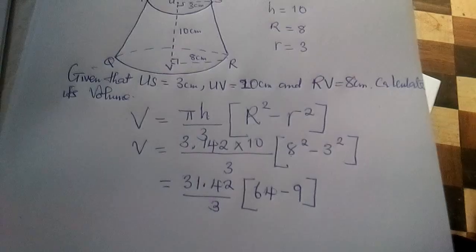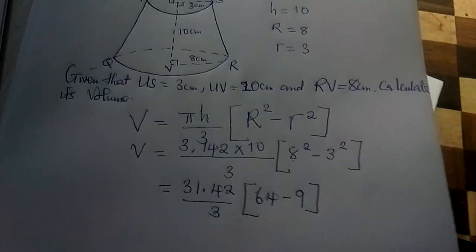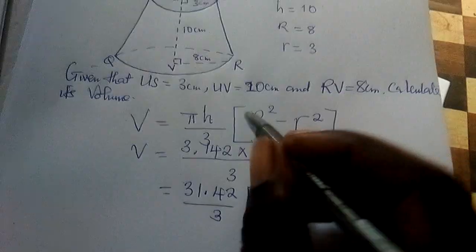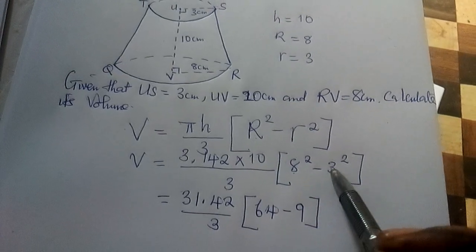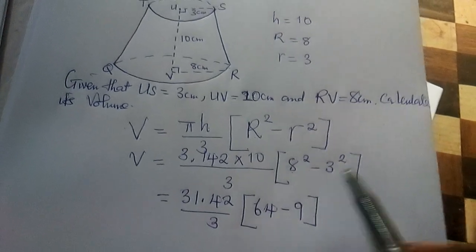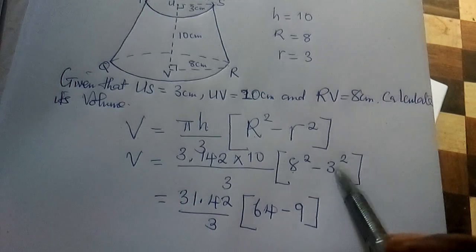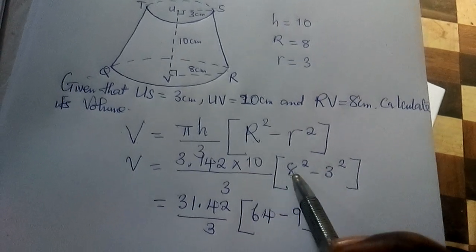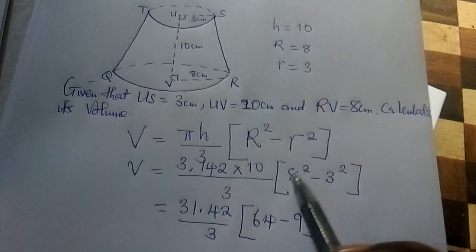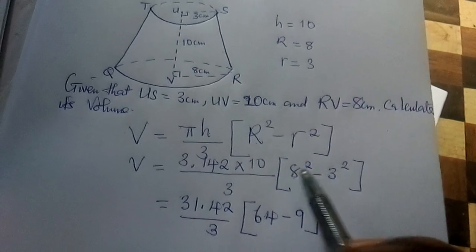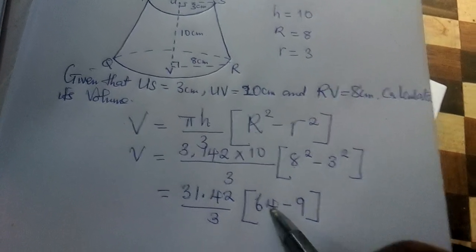Mind you, in your exam, people make mistakes. When they see a square, for example 3 squared, it means 3 times 3. Don't say 3 times 2, no. It is 3 times 3, and you'll get 9. Here it is 8 times 8, not 8 times 2, no. It's 8 times 8, which gives you 64.